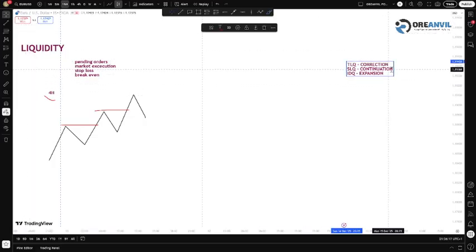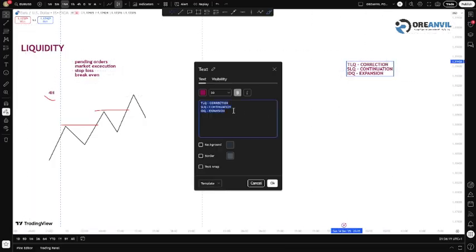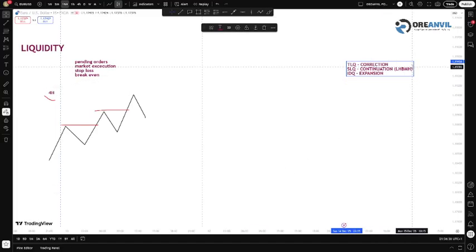In an uptrend, it is the last high before the main high, isn't it? So it's liquidity. Say last high before the main high on an uptrend, then on a downtrend, last low before the main low.